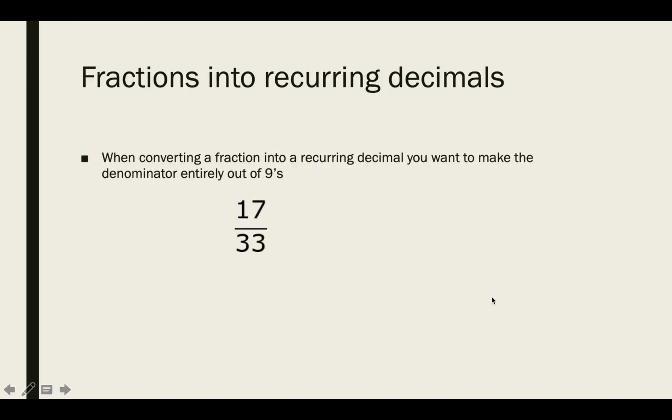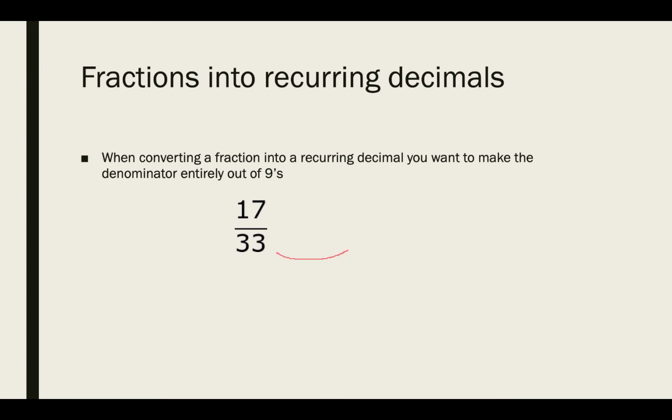Alright, so fractions into recurring decimals. The aim when trying to convert a fraction into a decimal is to make the denominator entirely out of 9s. Now if you're familiar with equivalent fractions, you should see that to make the denominator entirely out of 9s, we could multiply this by 3, because 99 is a multiple of 3.